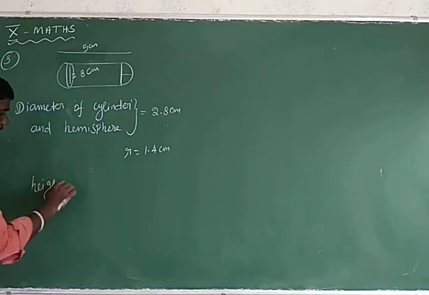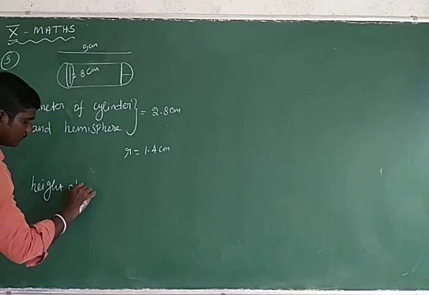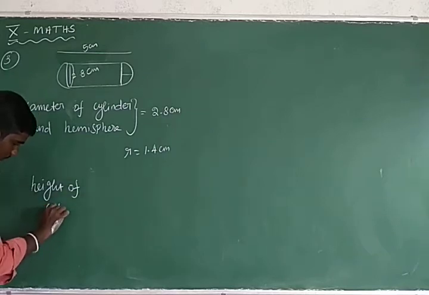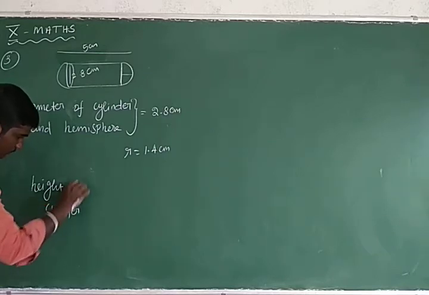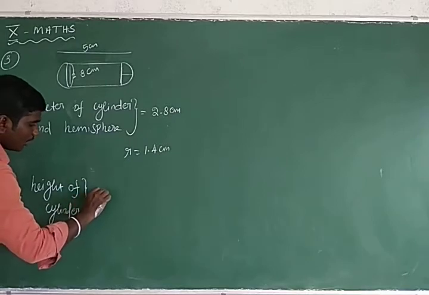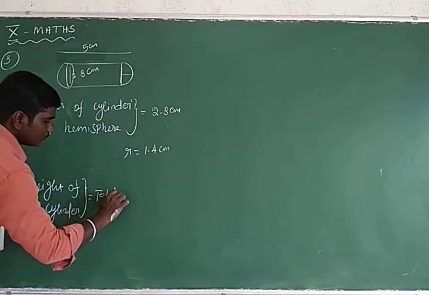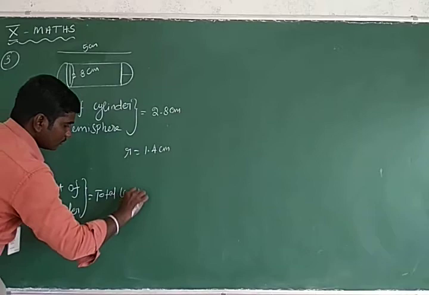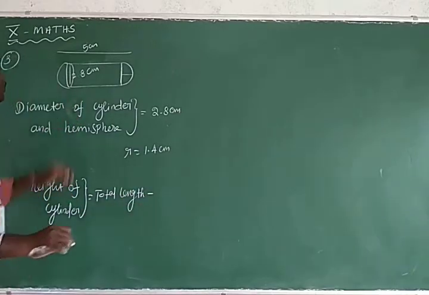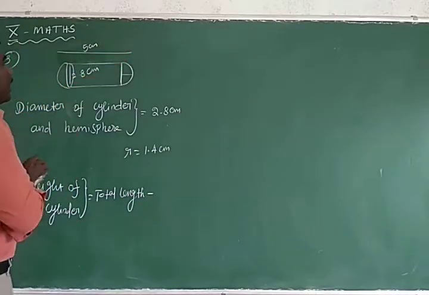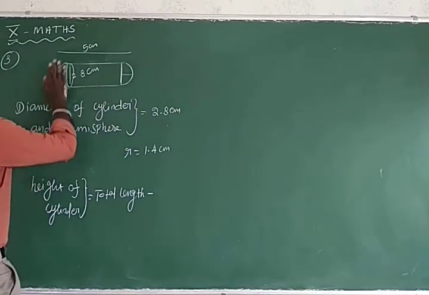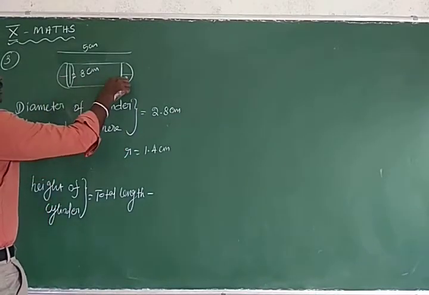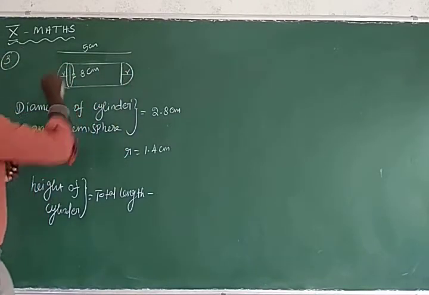So the height of the cylinder is equal to the total length minus one radius minus another radius. Here one radius is there, here one radius is there.